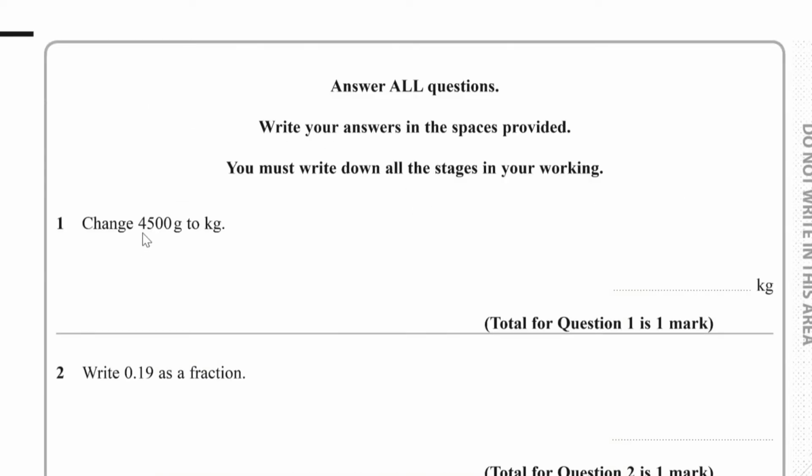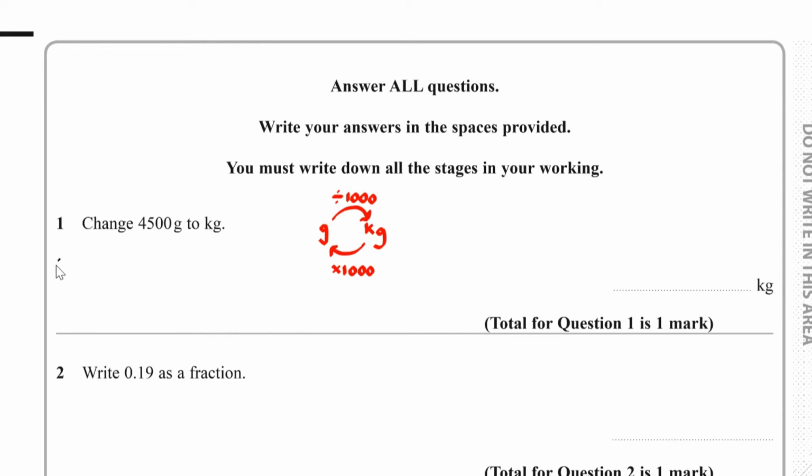Question number 1, we have to change 4,500 grams to kilograms. Well, to go from grams to kilograms, we would have to divide by 1,000, and to go from kilograms to grams we would have to multiply by 1,000.